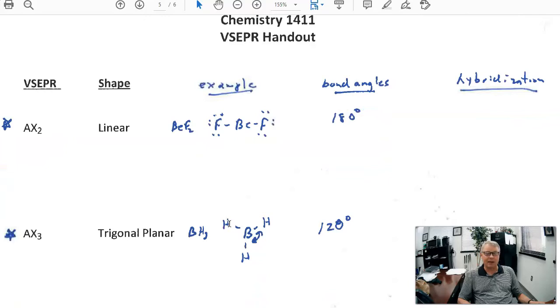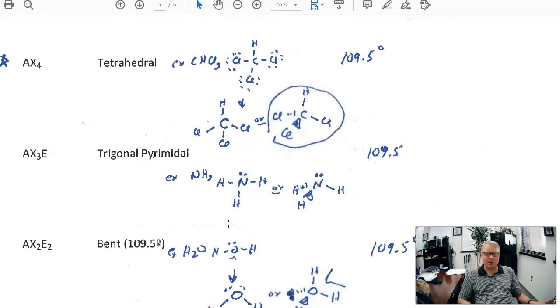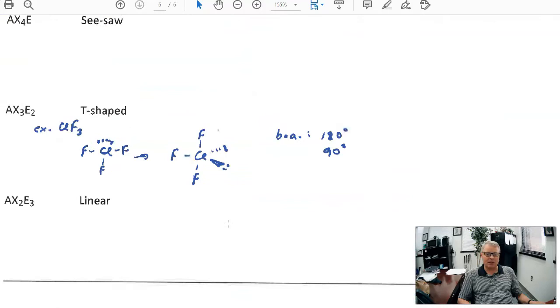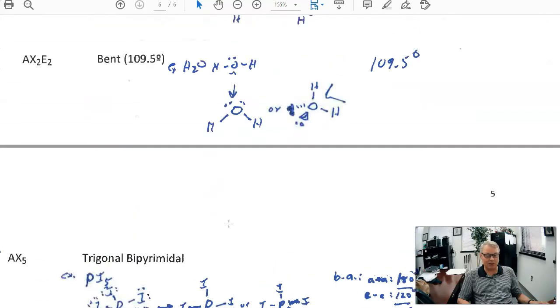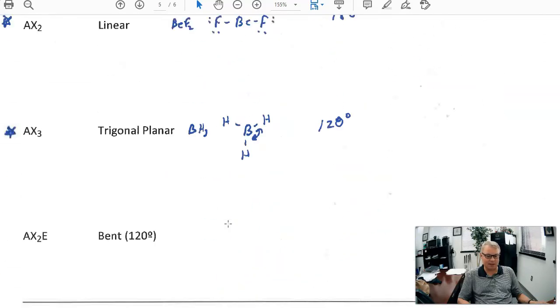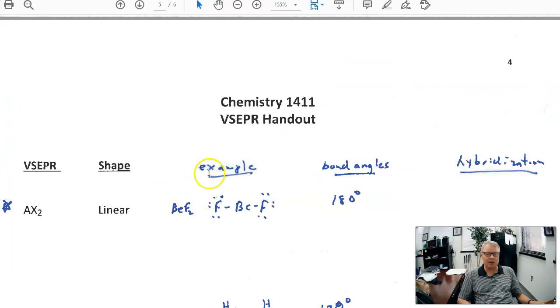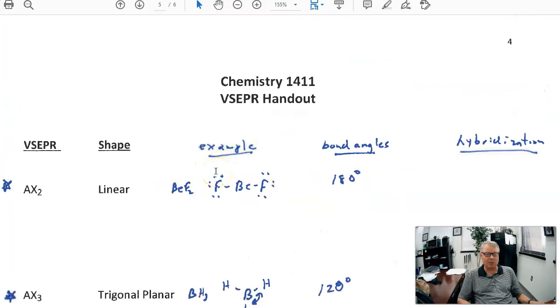Okay. Now, you might say, do I have to memorize all these shapes and all these formulas and be able to draw this stuff? Yeah, you do. You do have to do that. But fortunately, it's not like 13 or 14 different shapes that have nothing to do with each other. All right? I'm going to give you kind of a strategy to kind of get all this to make sense. It turns out that all of the shapes of these molecules tend to fall into what I call 4 families.